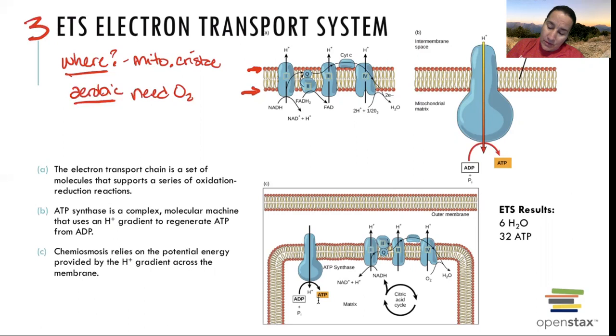Step number 3, the third and final step of cellular respiration is the electron transport system. You may see it called electron transport chain, ETC or ETS. And those electrons, all of those H's, all those hydrogens that were stuck on those electron shuttle molecules, they're important now. We are going to use them now. So this third step is where they get their moment in the sun.